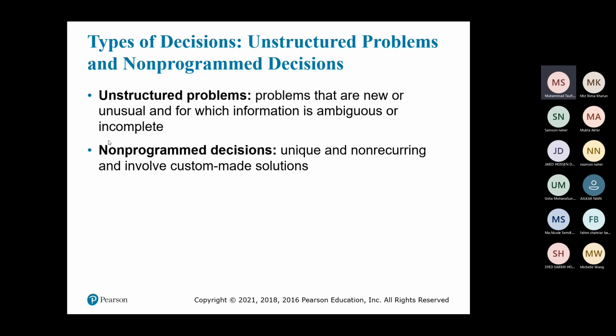And then we also encounter what we call an unstructured problem. An unstructured problem is a problem that is new or unusual and for which information is ambiguous or incomplete. In simpler terms, it is a problem that you do not encounter frequently.